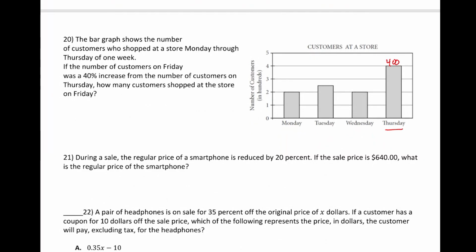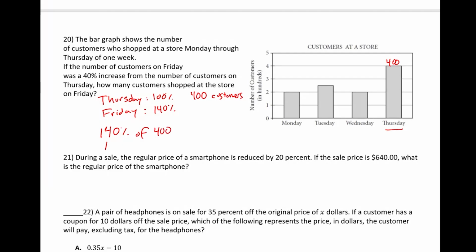If there was a 40% increase from Thursday to Friday, then if Thursday is 100%, which is 400 customers, and Friday is a 40% increase, then we're going to have 140% of what we had on Thursday. So what we need is 140% of 400.